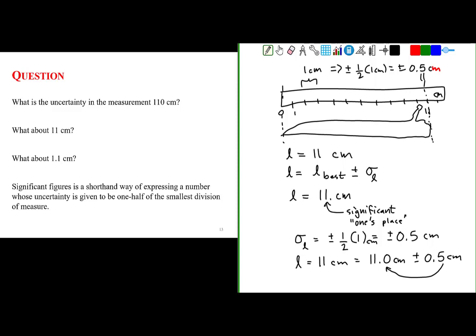You follow our convention of stating your best estimate, followed by the uncertainty in your estimate. But if you can state your result successfully and reliably to the nearest half of the smallest division of measure, then you can follow the rules of sig figs. Here, the significant figures will be 2 significant figures, and we'll talk about that shortly.